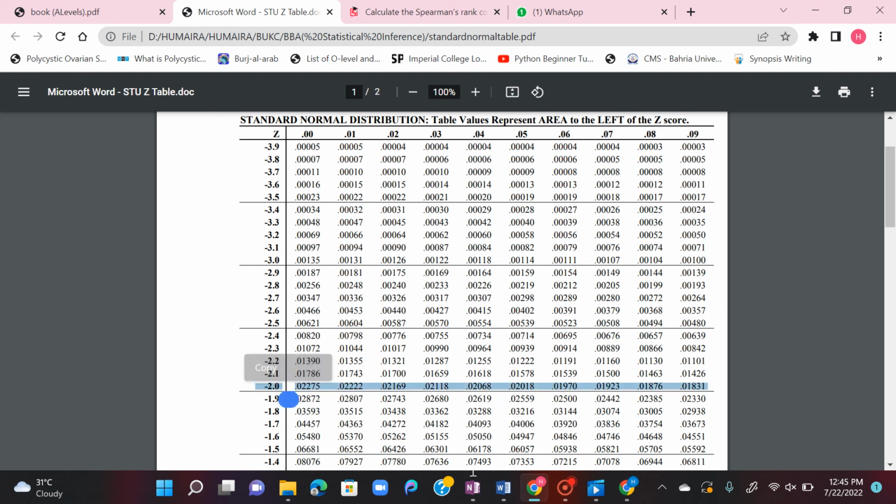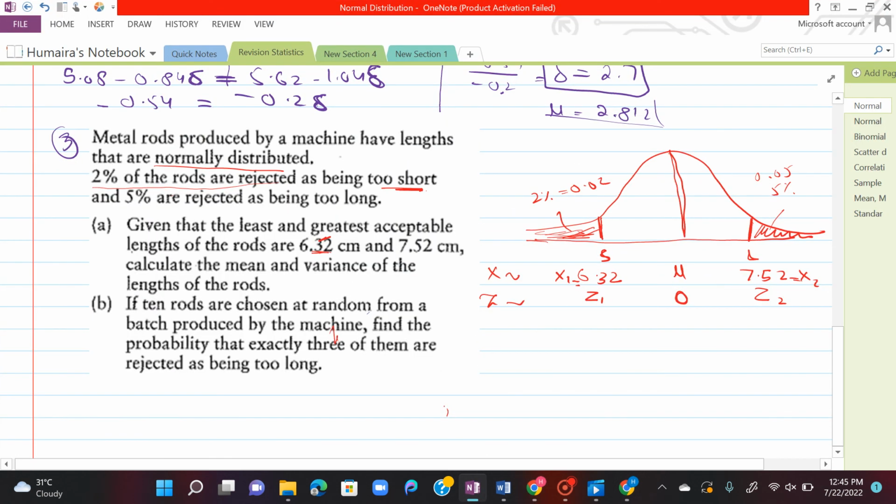Okay, yeah, this number is close to 0.02, it is 0.0202. Okay, so I will go here and write that the z value is minus 2.05. That is the z value.